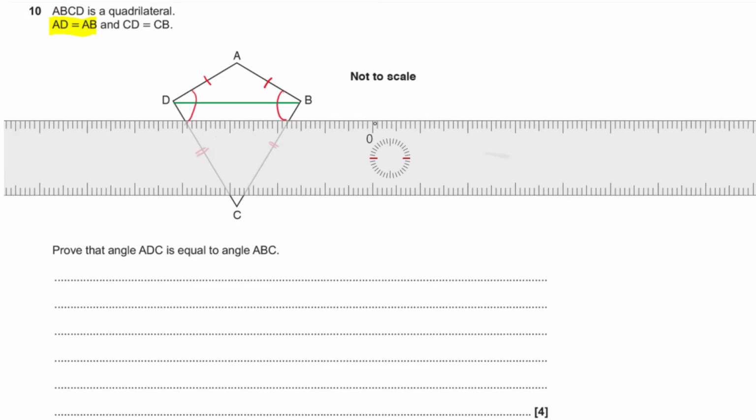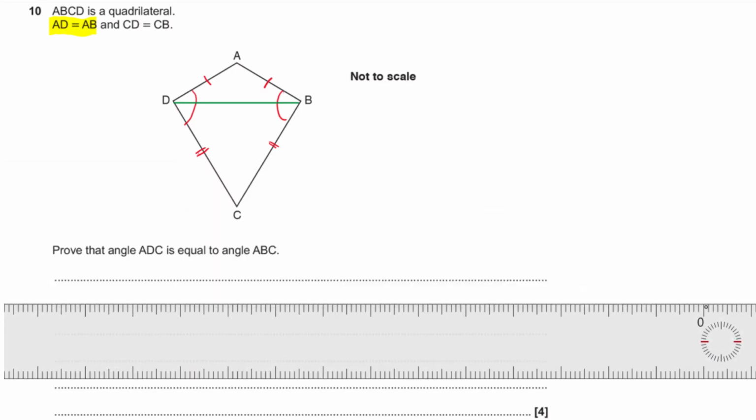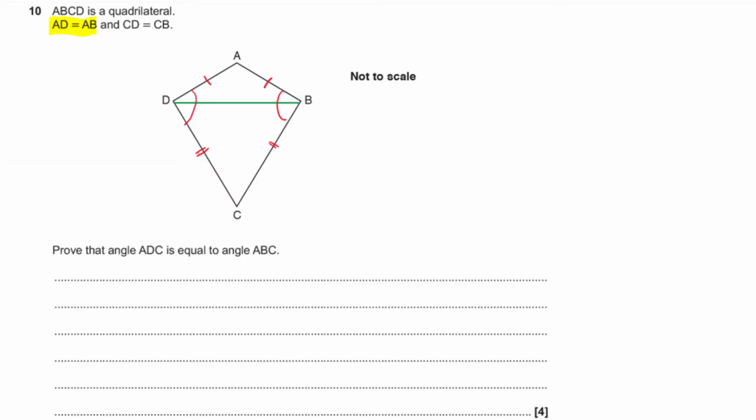But not just any old triangles. These are triangles with two equal sides, aren't they? So this ADB is a triangle which we call an isosceles triangle.